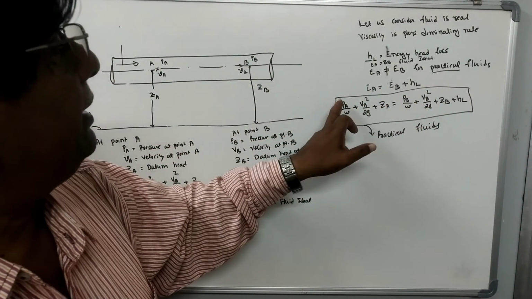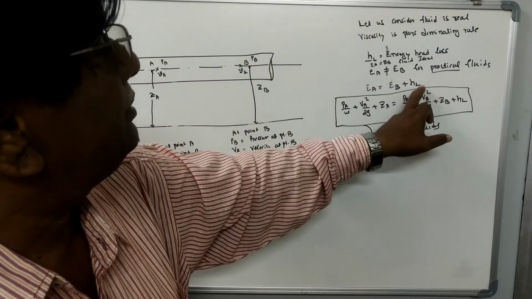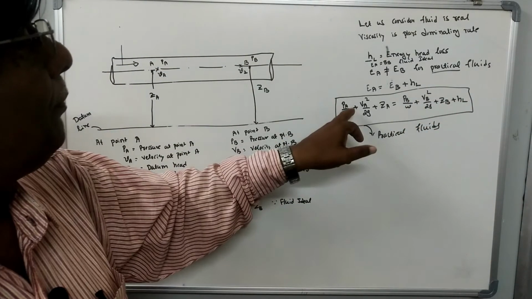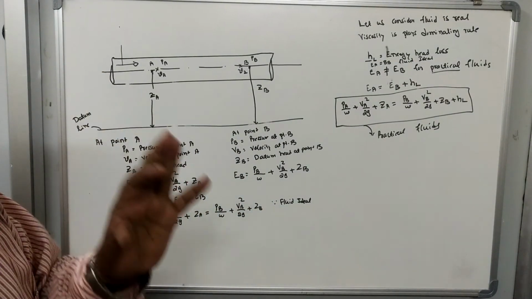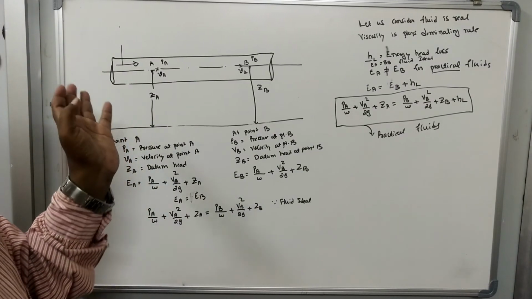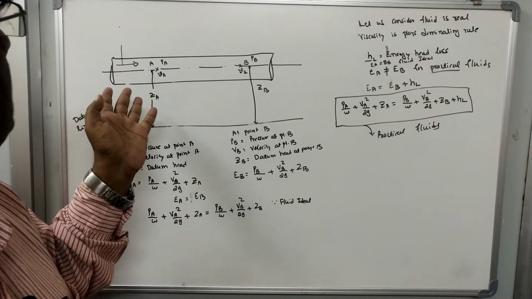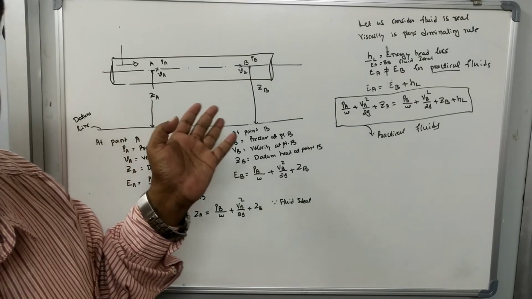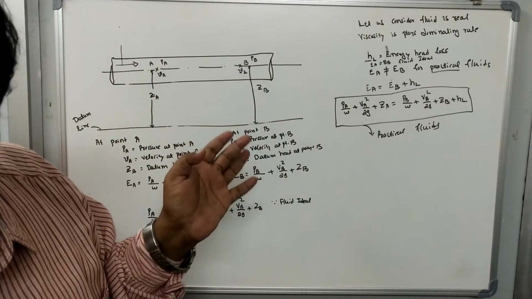The energy head at point B is PB by W plus VB square by 2G plus ZB plus HL. So you apply this equation to get the loss of energy head HL, or to calculate the pressure at point A, or pressure at point B, or velocity at point A or velocity at point B, depending upon the practical problems.